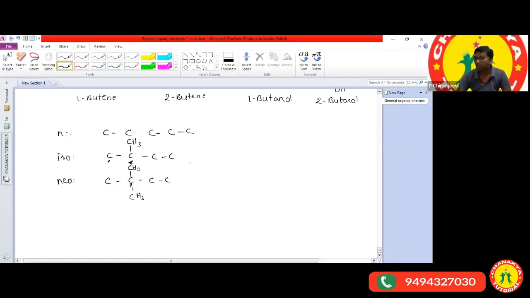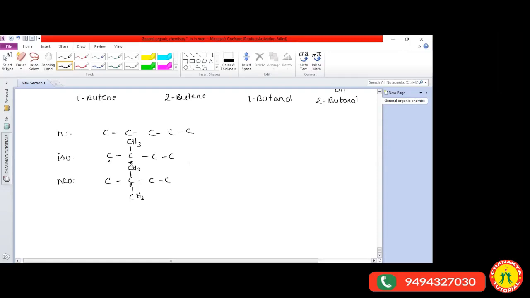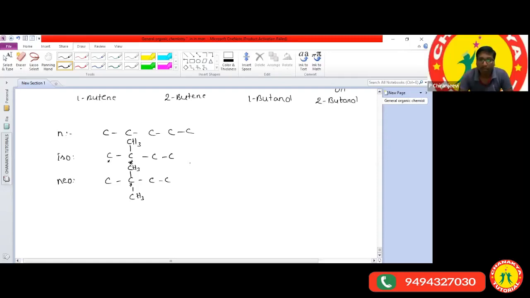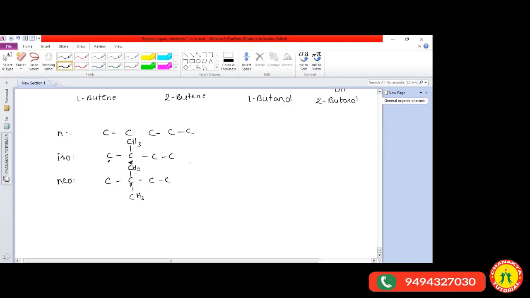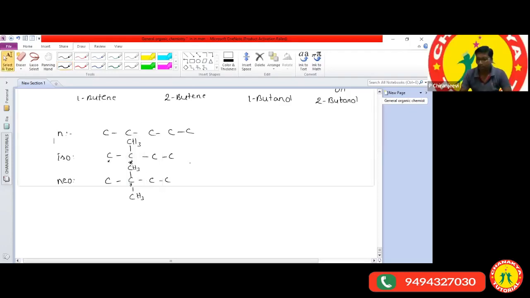Anjan, one second. So you are saying there is an example CH3 single bond CH attached to OH, and then CH3 single bond CH3, isopropyl alcohol. Yes, so you are telling it like this.